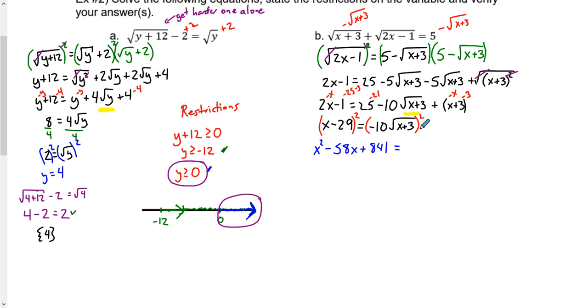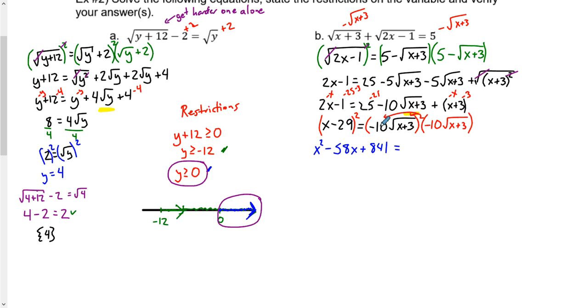On the right-hand side, squaring this one, because it's all actually one term, there's two ways of dealing with it. First way would be distributing the squared onto there and onto there, or just treating it as another negative 10 root x plus 3.